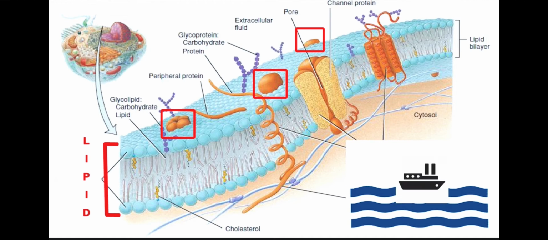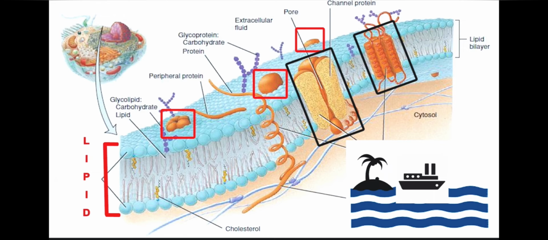We can analogize these proteins as boats sailing in the ocean, and then there are also proteins that enter the plasma membrane structure. We can analogize these proteins as islands in the ocean.